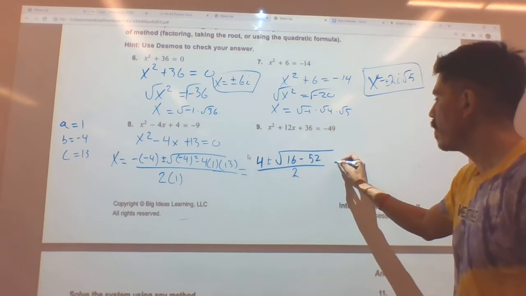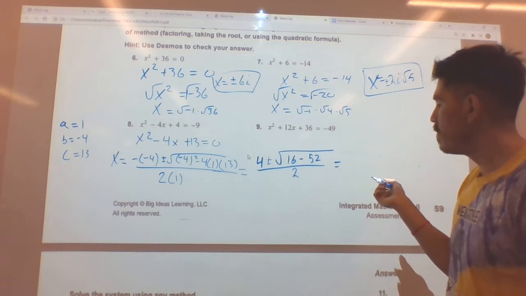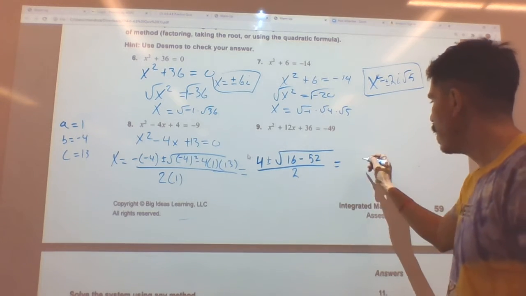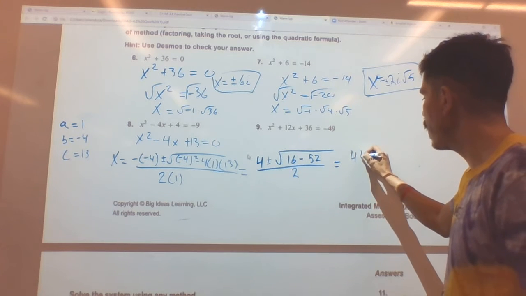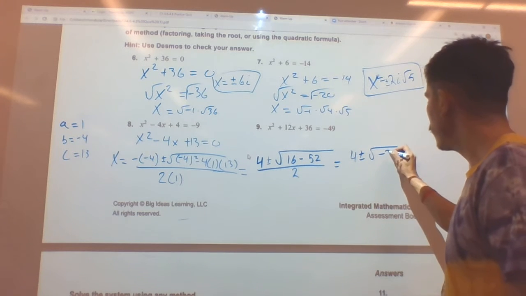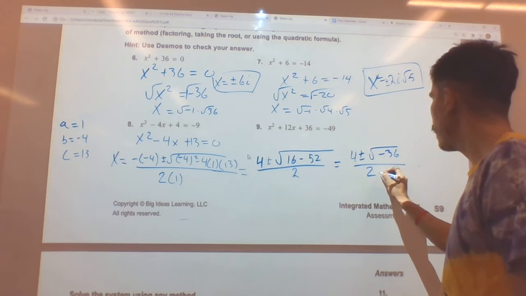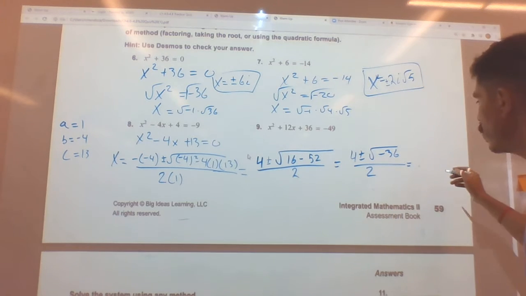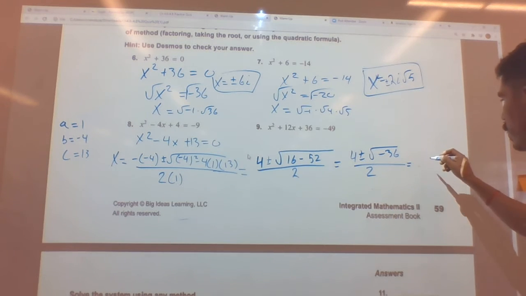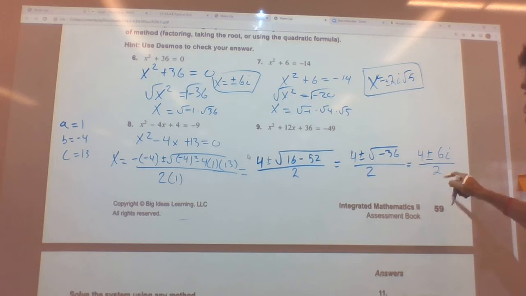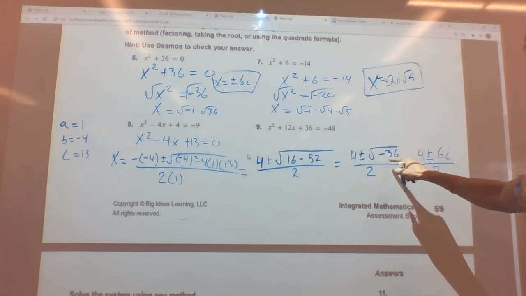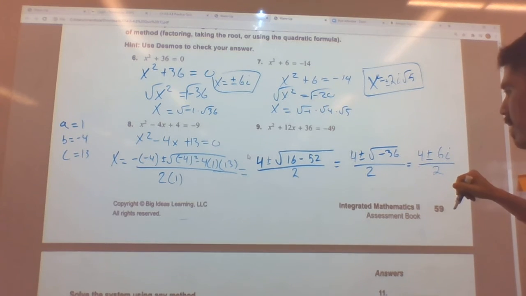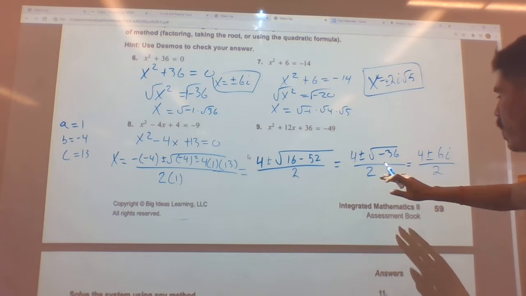Let's keep going here. 16 minus 52 is going to be -36. So we have 4 on the outside still, plus or minus the square root of -36, divided by 2a, or 2. This turns into plus or minus 4, 6i divided by 2. We got 6i because there's a negative there.